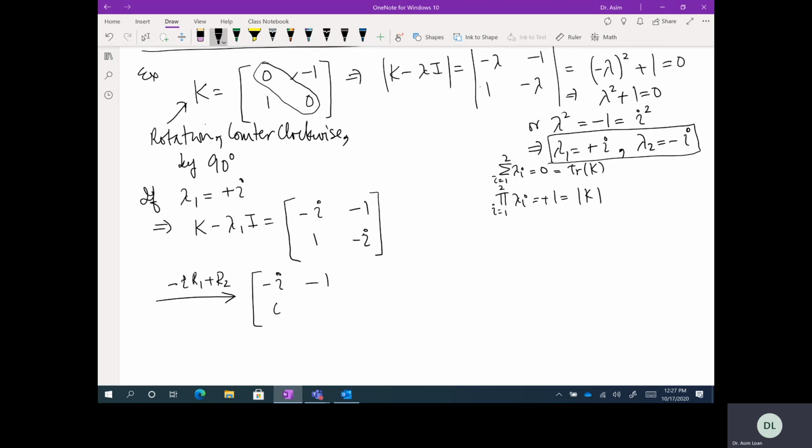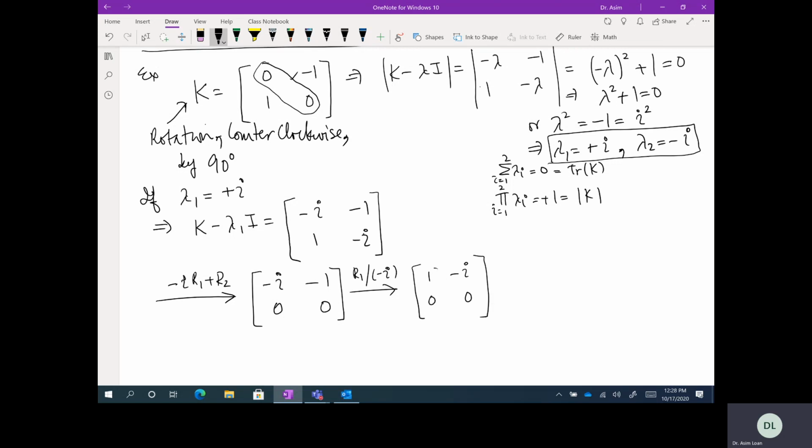So minus 1 plus 1 is 0, and then plus iota minus iota is 0. Then I do row 1 divided by minus iota. If I do that, I have 1 here, 1 here, and plus 1 over iota, which is minus iota, 0, 0.